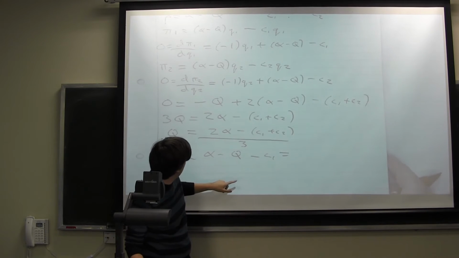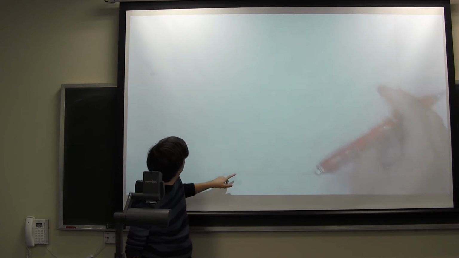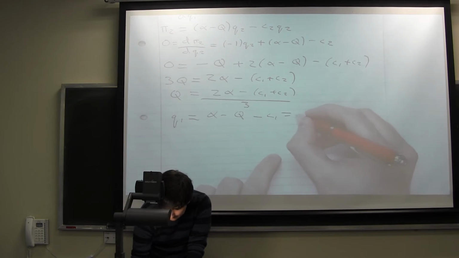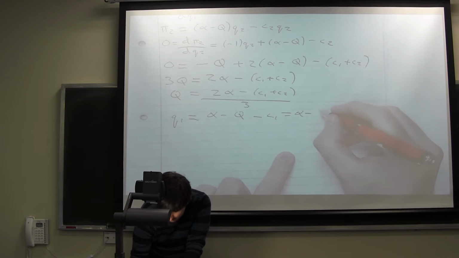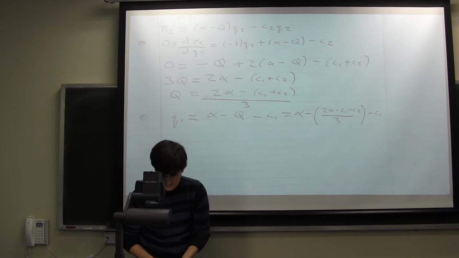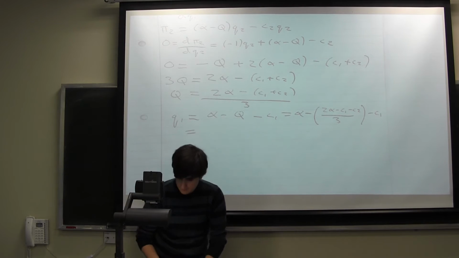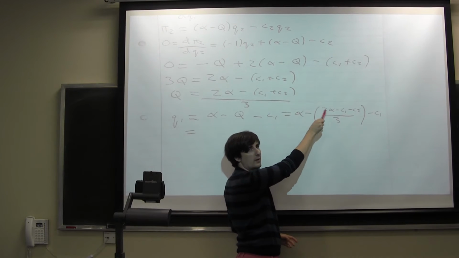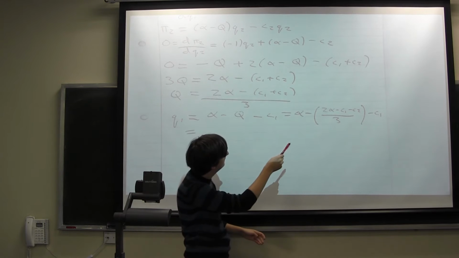So if we substitute in alpha minus Q minus C1, you get alpha minus 2 alpha minus C1 minus C2 over 3 minus C1. Okay, and then we can simplify that a bit. We've got alpha here, we've got minus 2/3 alpha. So alpha minus 2/3 alpha is 1/3 alpha.